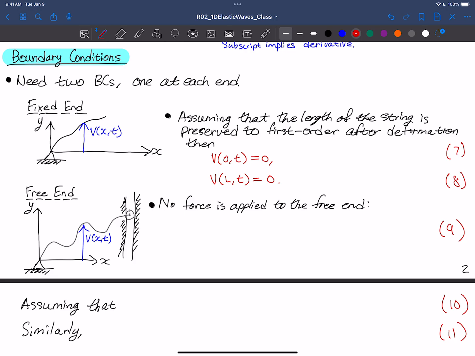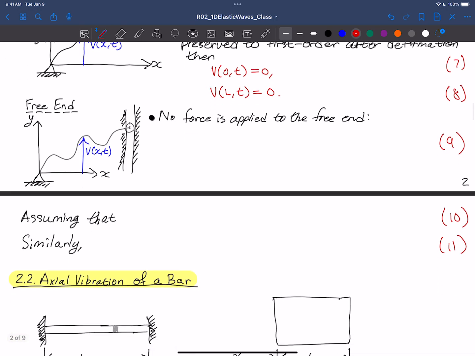And in this case, we can write T of x times v sub x of x comma t, evaluated at x equals L, must be equal to 0. So it's not just the derivative v sub x here equals 0, we also have the tension here. It's this entire term evaluated there.